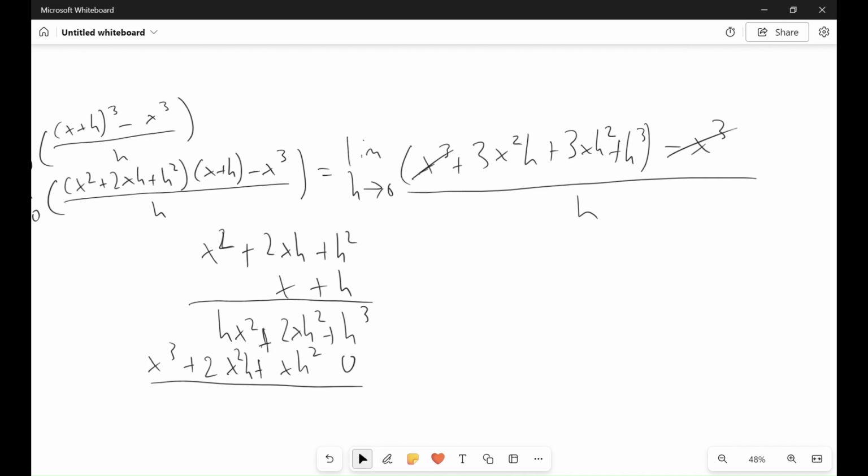The x cubes cancel once again, and then we can factor. Keep the 3's in place, obviously. You can factor out an h here, so they cancel pretty calmly.